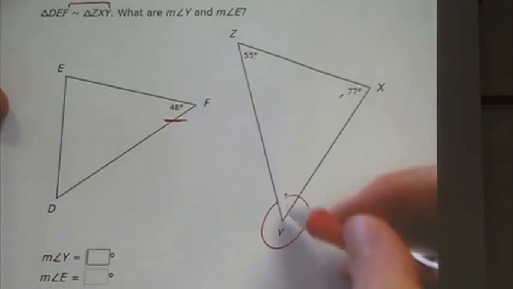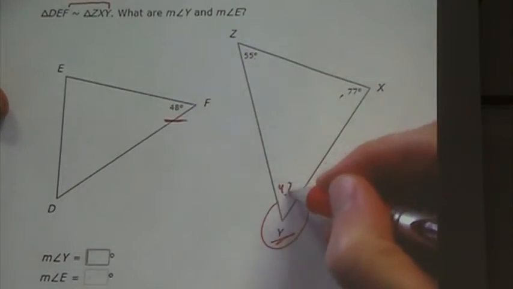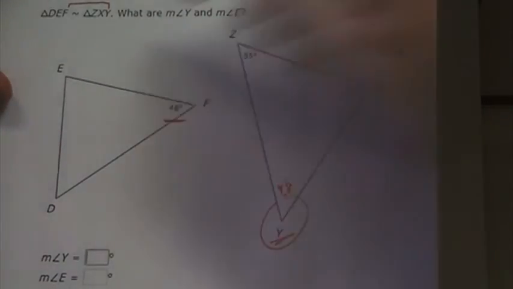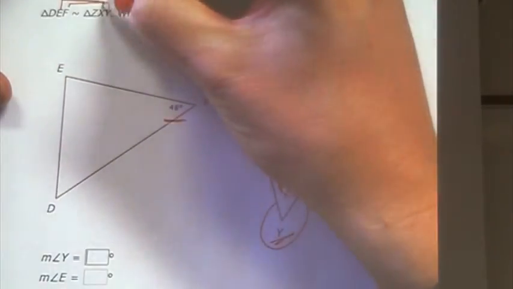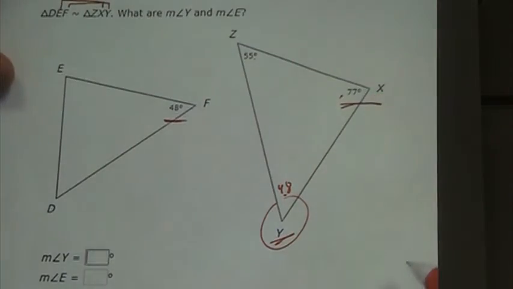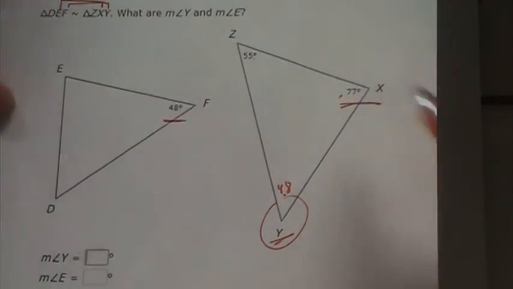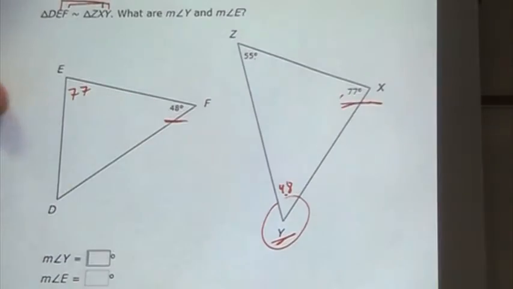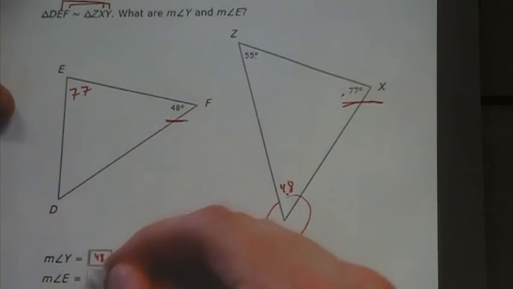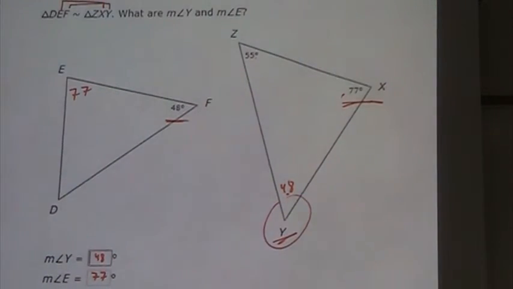That means these guys have to be the same measure. Okay. E is second. What's second? X. So that means E and X are also going to be congruent.